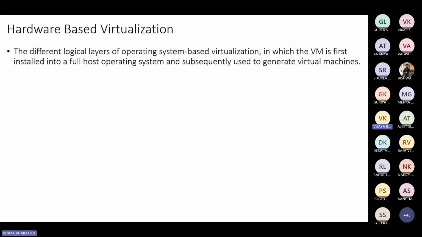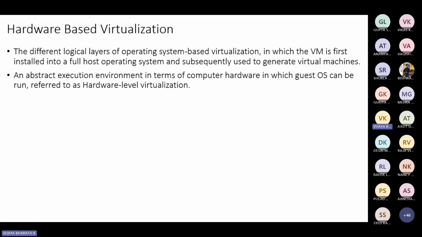Let's see what hardware-based virtualization is. You will have various logical layers with respect to OS-based virtualization. On a VM, you first install an operating system, and then subsequently you generate the virtual machines. So you are having an abstract execution environment in terms of computer hardware.